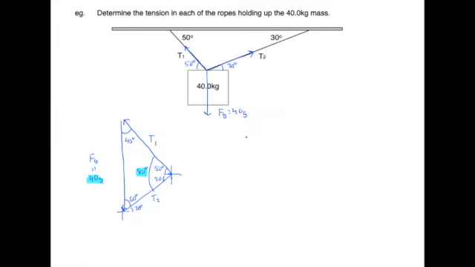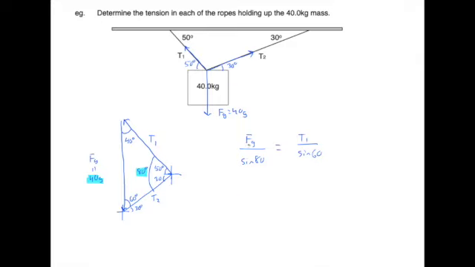So for T1, I can take F_g over sine of 80, and that's this combination here, the side length to the sine of this angle. That's going to be equal to T1 over its corresponding angle, which is 60. So it'll be T1 over sine of 60.